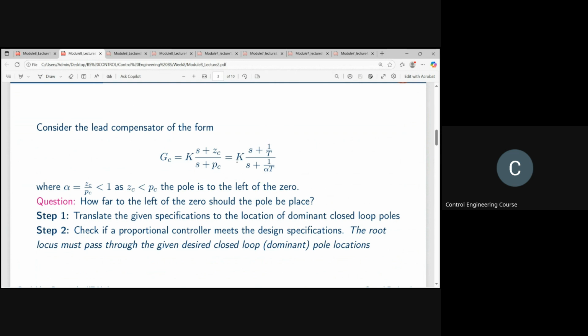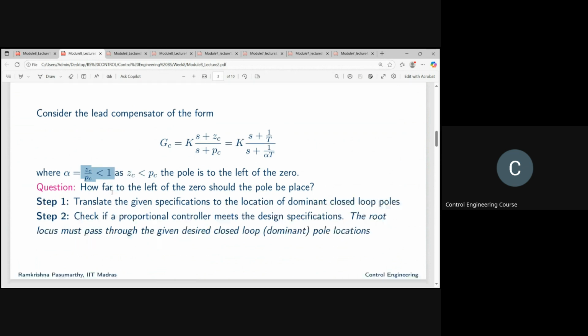The pole is to the left of the zero, so PC should be much, much higher than ZC. So PC by ZC should be much, much greater than 1. So ZC by PC should be much, much less. Yeah, sorry, it's correct only. ZC, this is obvious, right?